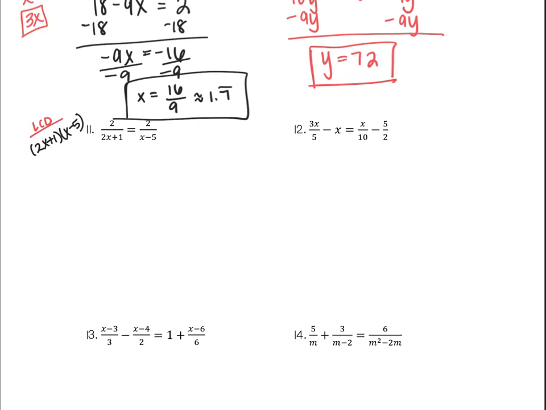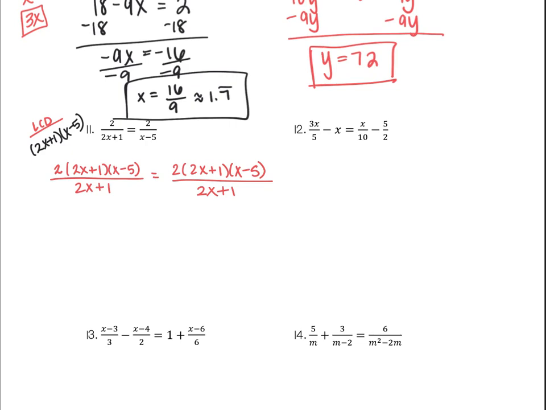So then just like before, I need to go through and multiply everything by the LCD. I'm going to write mine below since I don't have a lot of room. So I would basically have 2 times 2x plus 1 and then x minus 5 equals 2 times 2x plus 1 times x minus 5.